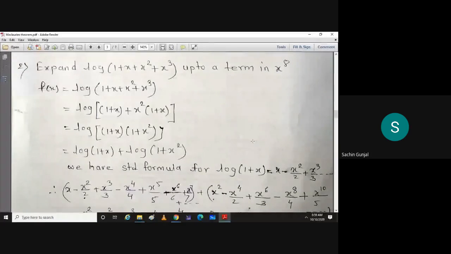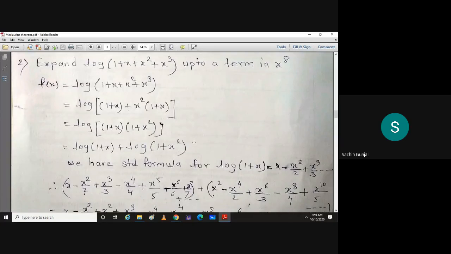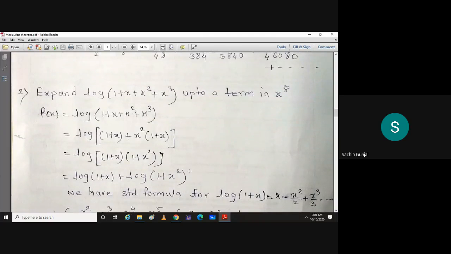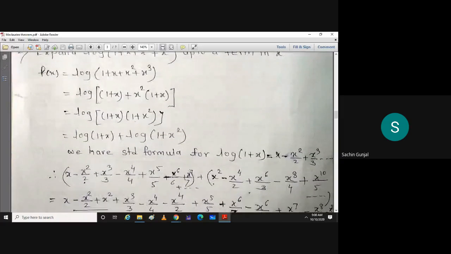And later you substitute y as x square. So let us see. Log of (1 plus x) is x minus x square by 2 plus x cube by 3 minus x raised to 4 by 4 plus x raised to 5 by 5 minus x raised to 6 by 6 plus x raised to 7 by 7, and there is one more, minus x raised to 8 by 8.